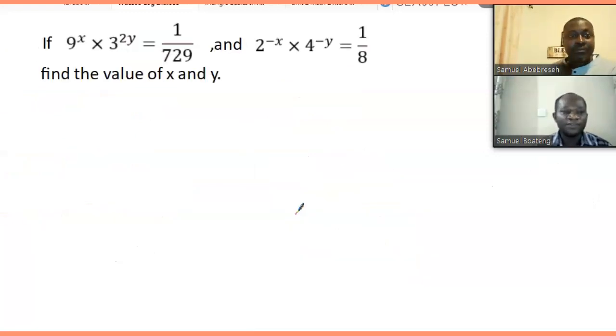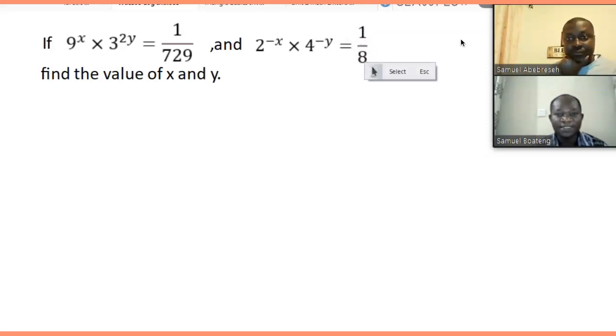If 9 to the power x times 3 to the power 2y equals 1 on 729, then we have another equation, 2 raised to the power minus x times 4 raised to the power minus y is equal to 1 on 8.